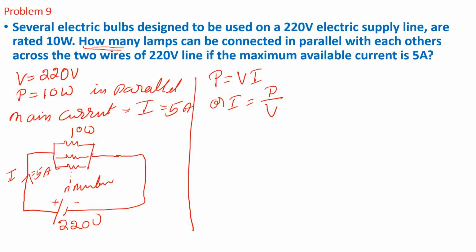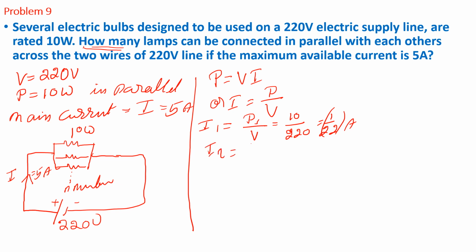I is nothing but the current flowing through each bulb. Let us assume I1 is equal to P1, the power of the first bulb, divided by the potential. Potential is the same everywhere. So it is 10 watt divided by 220, which is equal to 1 by 22 amps. That is I1.